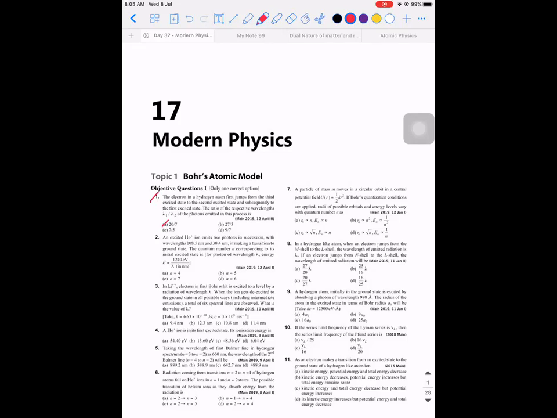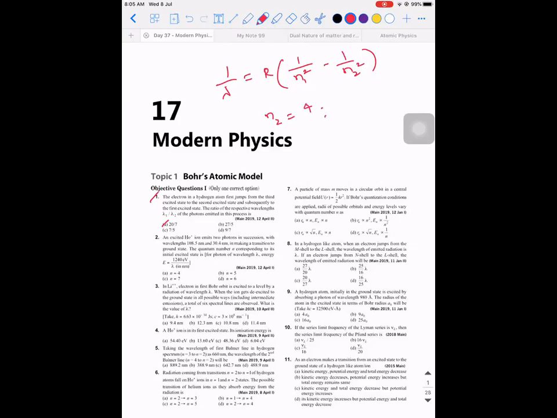So what formula should be applied? 1 by lambda is equal to R into 1 by n1 square minus 1 by n2 square. For the first case, what do you mean by third excited state? Which orbit is that? Fourth.